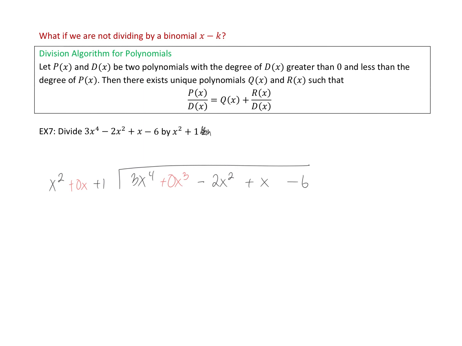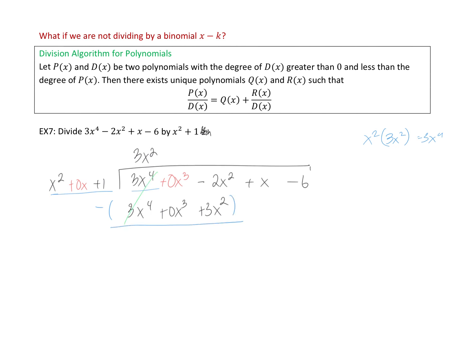Plus x minus 6. All right, so we're looking to figure out x squared times what would give me 3x to the 4th. So that would be 3 times x squared. Okay, and then multiplying that out to the whole trinomial, we will get 3x to the 4th, plus 0x, and then plus 3x squared.